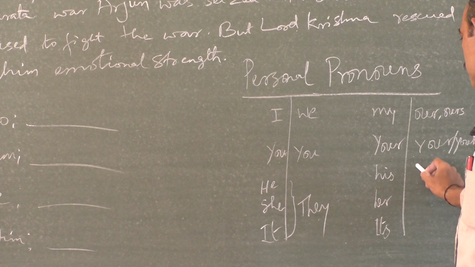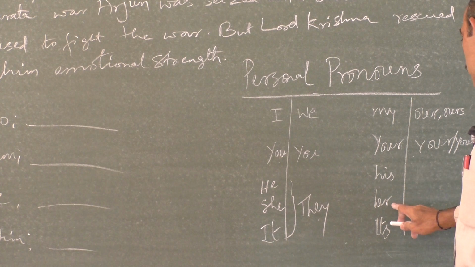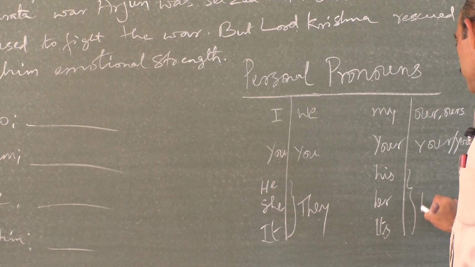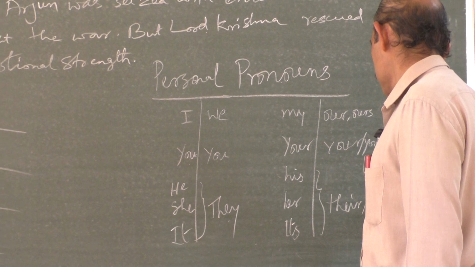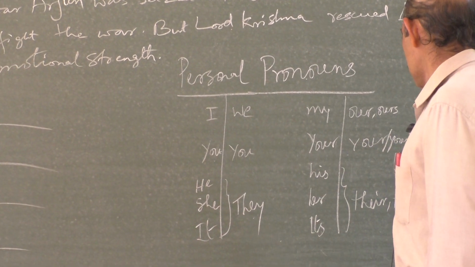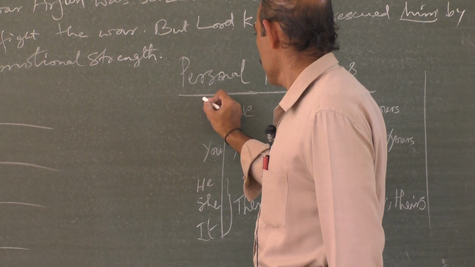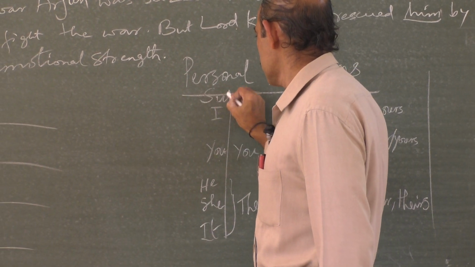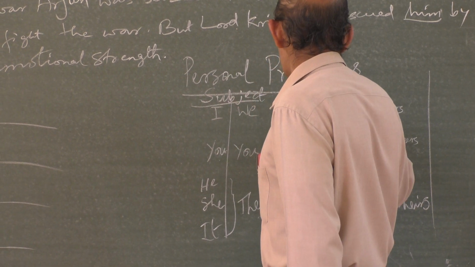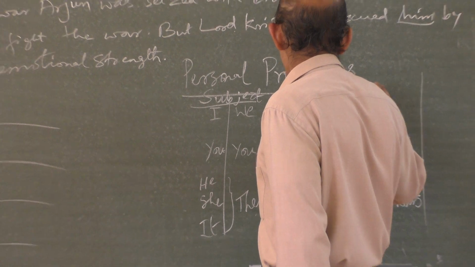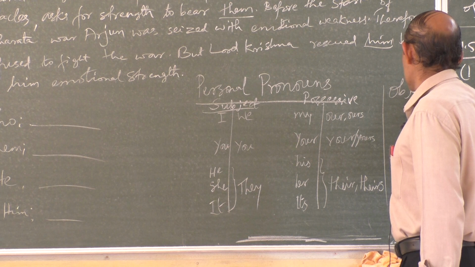Then his, her, its, put together their or theirs. Now let us go to the objective case. These are the subjective case, subject, let me write subject. These are possessive, and then object, objective case.